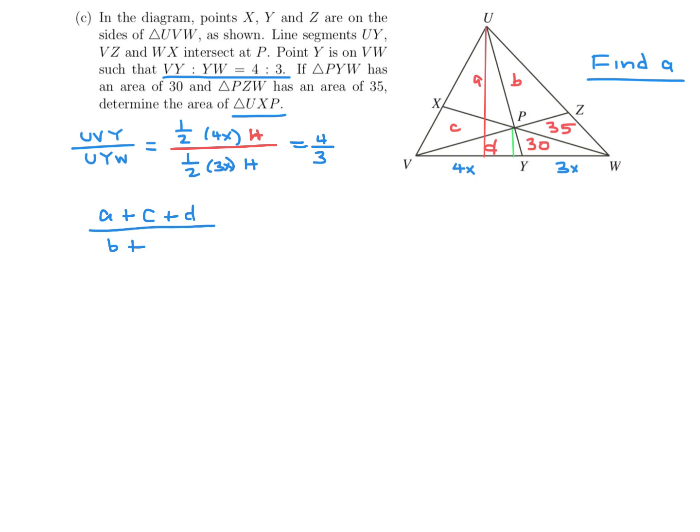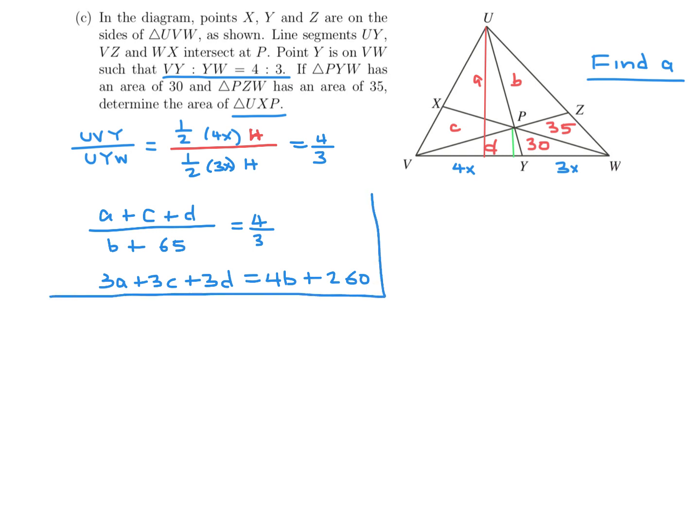So that's B plus 65. And that's 4/3. And if I cross multiply, I get 3A plus 3C plus 3D is equal to 4B plus 260, I believe. Yeah, 260. And I think that's about as far as we can go for now. And hopefully we will come back to this a little bit later, when we have more information.